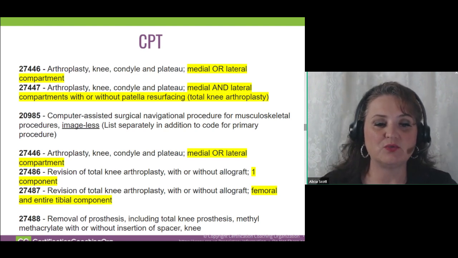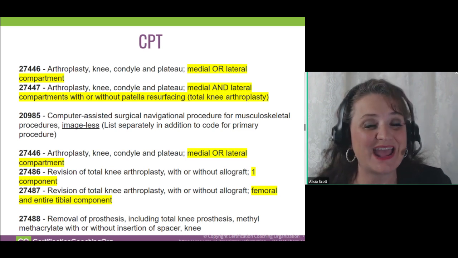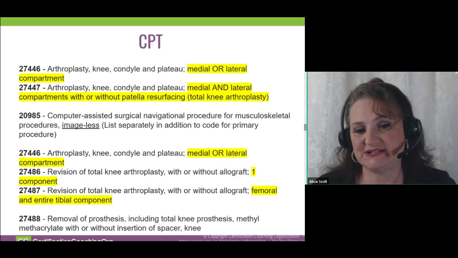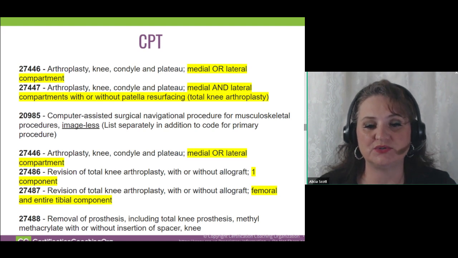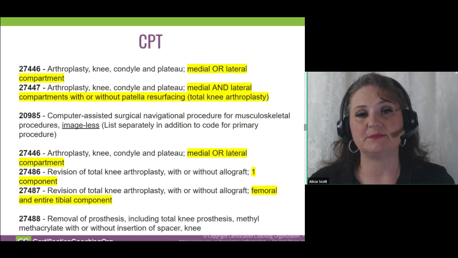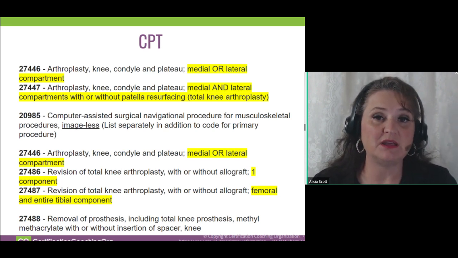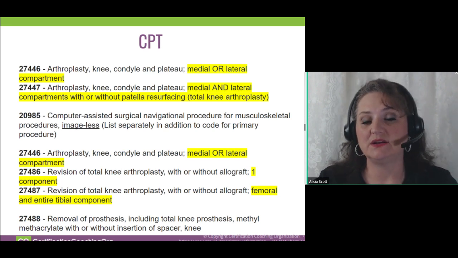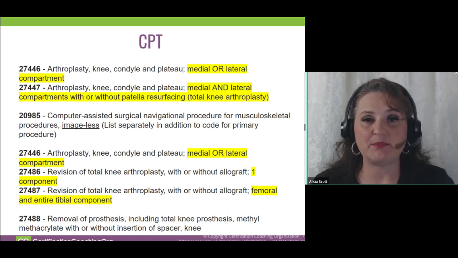Then again, wrapping up with 27488, removal of prosthesis, including total knee prosthesis, and methylmethacrylate, I don't know how to say that, with or without insertion of spacer in the knee. There are different reasons why they have to remove the prosthesis, but they have to put something in its place. So maybe there's an infection and they had to go in, clean the knee up, take that apparatus, the prosthetic, out, redo the bone and put a new one in.